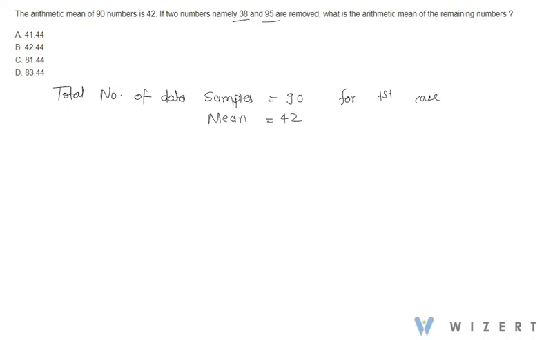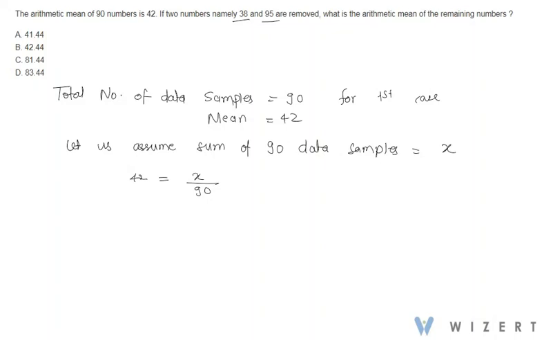So let us assume the sum of 90 data samples is equal to x. So we get 42 equal to x divided by 90.